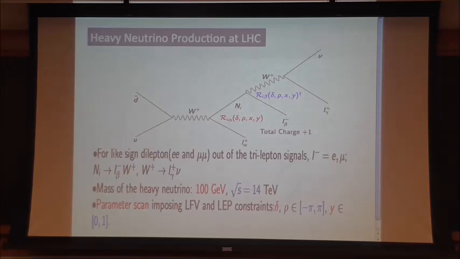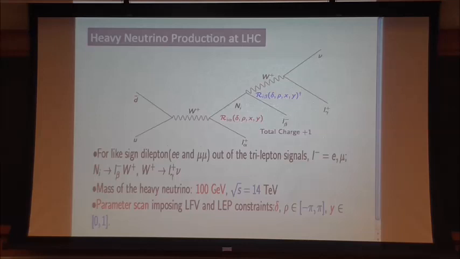So what we do, we produce this particle at the LHC from the Q Q-bar prime interaction through the W plus, and then this heavy neutrino shows the trilepton signal. And here we have considered the texture like L plus, L minus, and L plus with a missing energy.